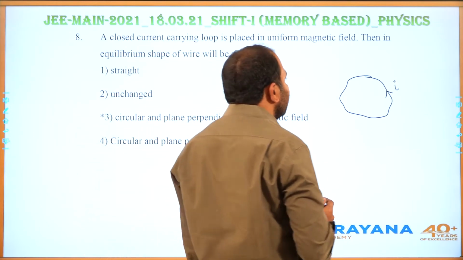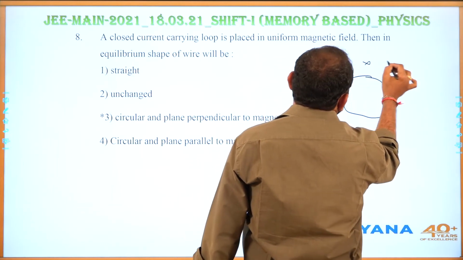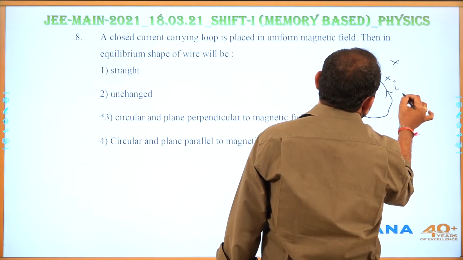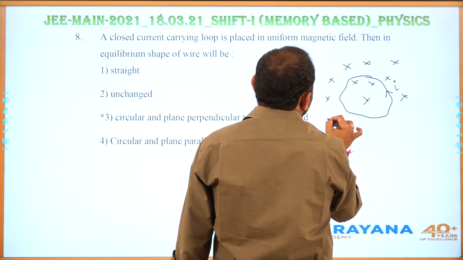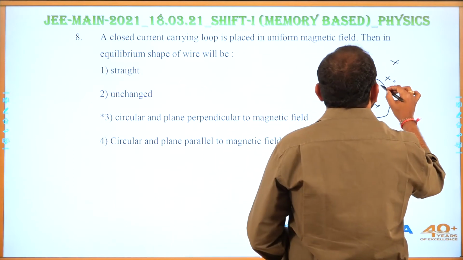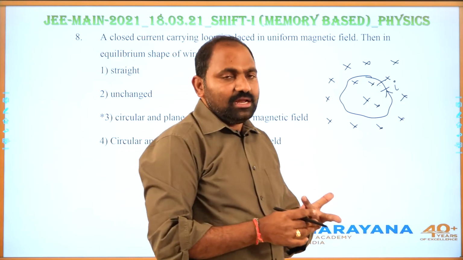Let us assume that there exists a uniform magnetic field B in this region, perpendicular to the plane of the loop. Then each and every element of the loop experiences a magnetic force according to Fleming's left hand rule.